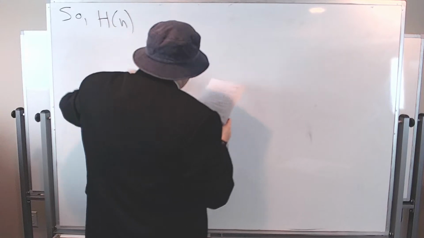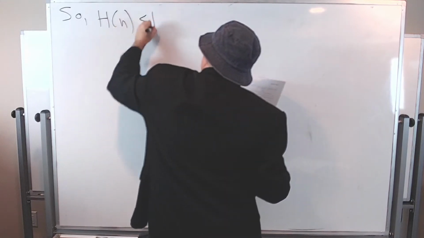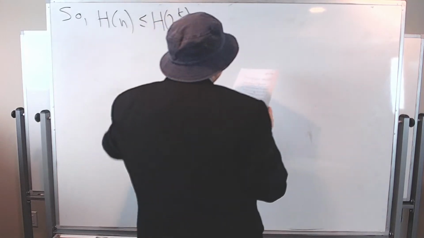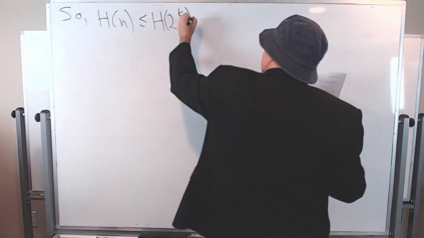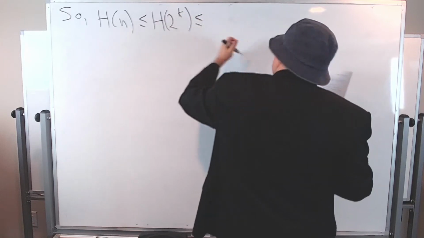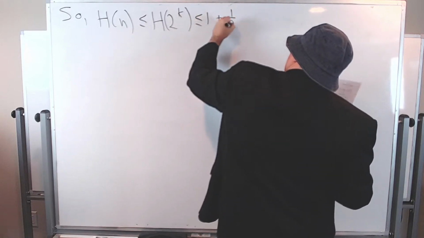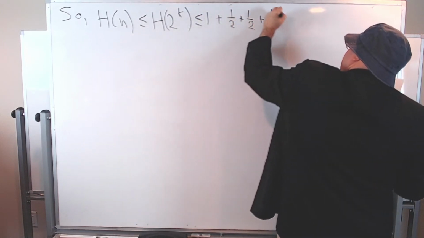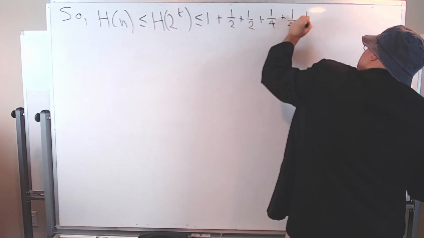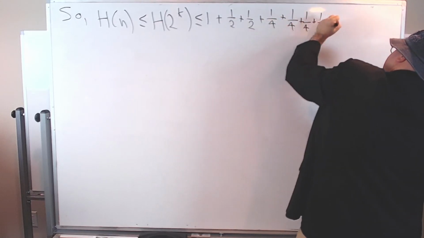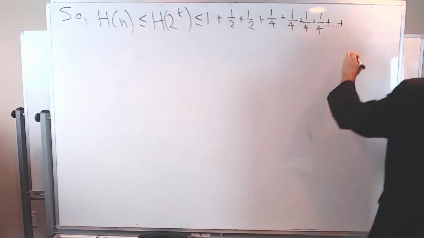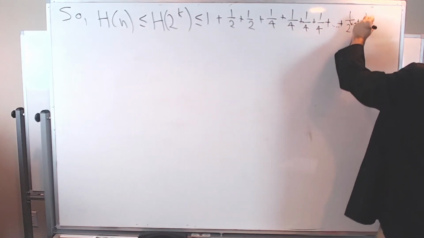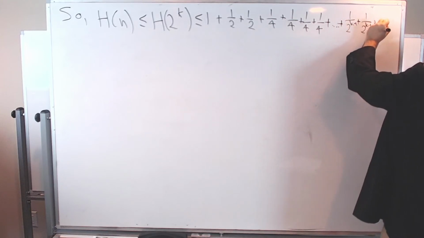h of n, the nth harmonic number, is less than or equal to h of 2 to the power of k, right? So the 2 to the power of k harmonic number. This is less than or equal to my second series now: 1 plus 1/2 plus 1/2 plus 1/4 plus 1/4 plus 1/4 plus 1/4, and this goes all the way up to 1 over 2 to the power of k minus 1 plus 1 over 2 to the power of k minus 1, and so on.